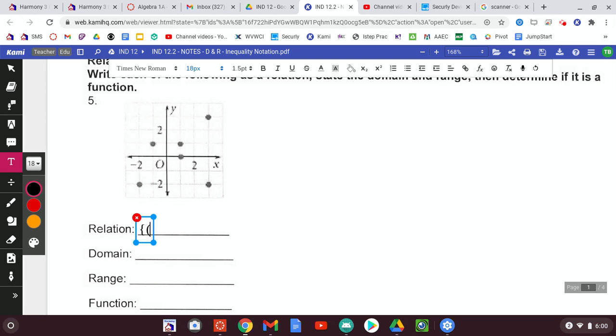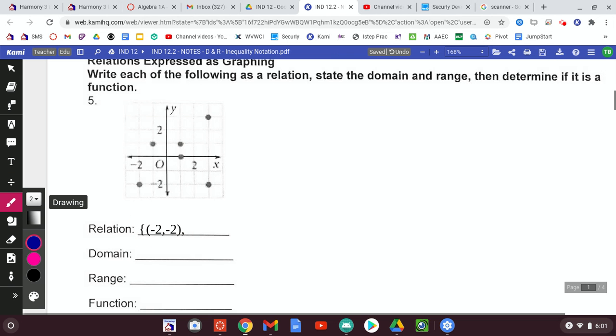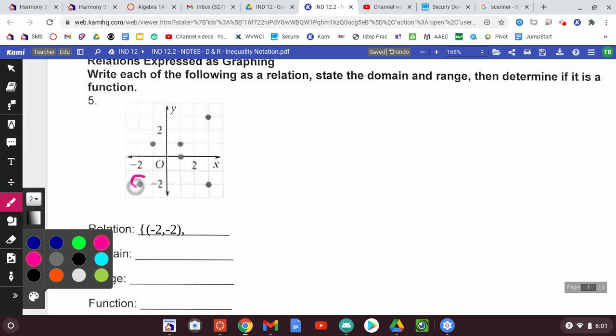And so the first one is -2, -2. So -2, -2. I will try to help point to which one I'm doing each time. So that is this point right here. That's the point -2, -2.